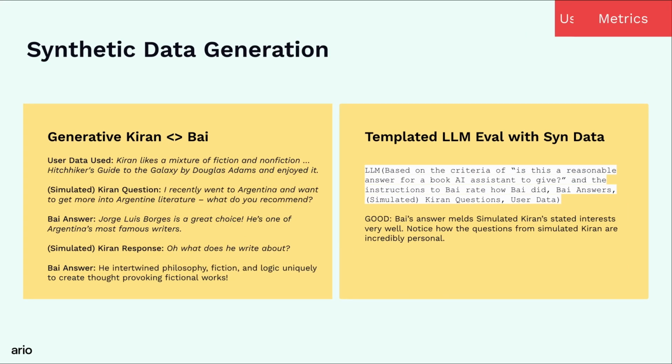And so with the templated LLM evaluation, we then take this multi-turn conversation, because now we can actually grade a multi-turn conversation, because we don't have to think about this combinatorial explosion, or exponential explosion in possibilities as you have more and more turns, because the agent is responding as though it was a user.